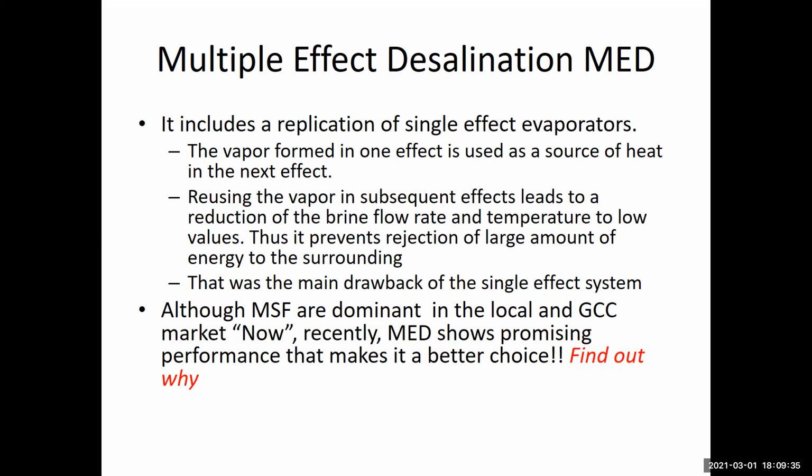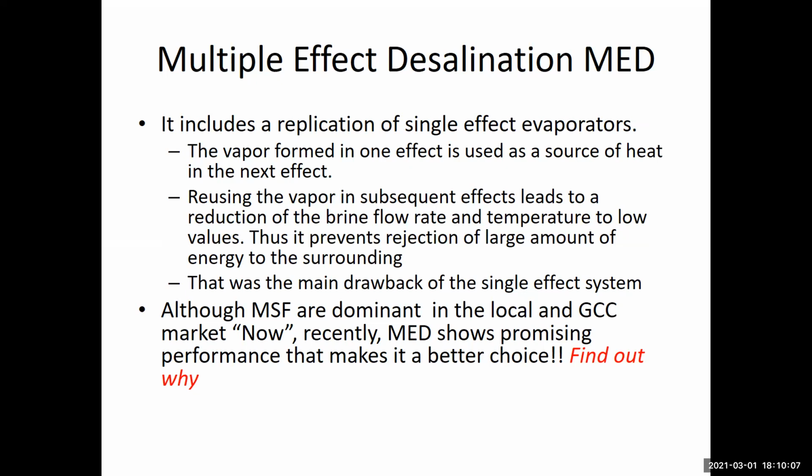So the distillate which is leaving as a saturated vapor, if we take this and put it as a source of heat for the next effect, it may produce another kilogram per second of vapor, almost. If we take this and put it inside the tubes of the next evaporator, it might produce something close to 1 kilogram per second of vapor.